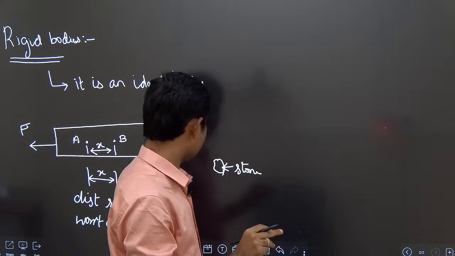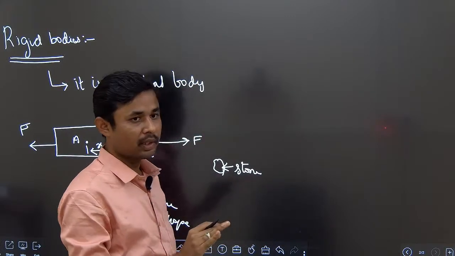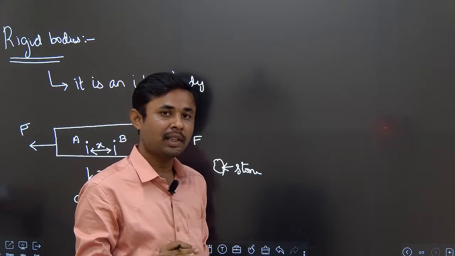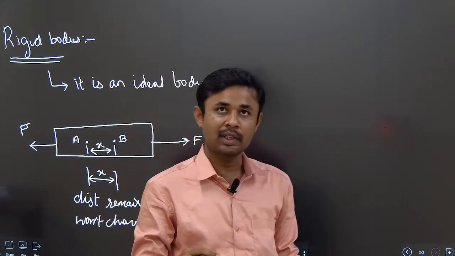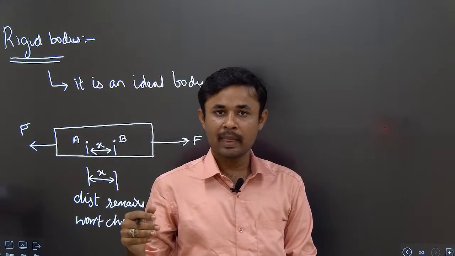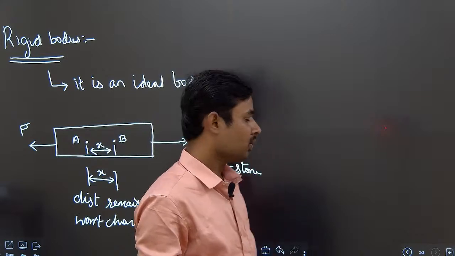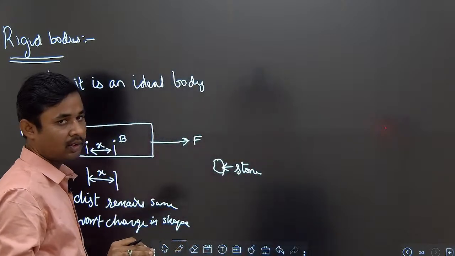So in real life there is no body which is a rigid body. Up to a certain limit it may act as a rigid body, but after a definite amount of load is applied, it will definitely cause deformation.